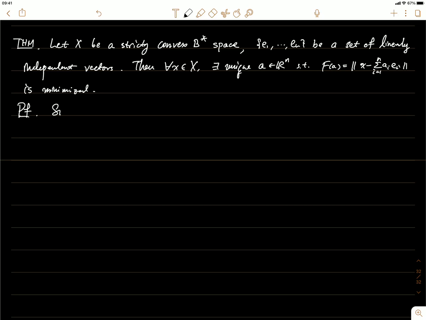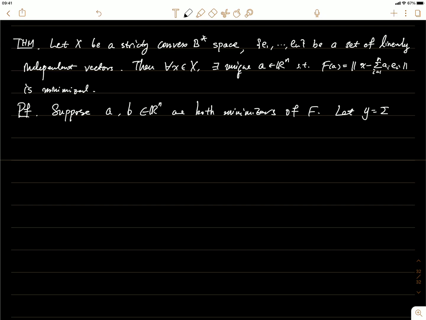Suppose a and b are both minimizers of F. In this case, I can denote two vectors.